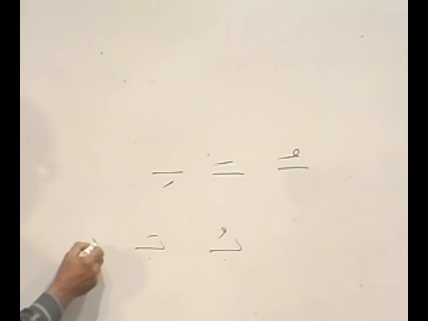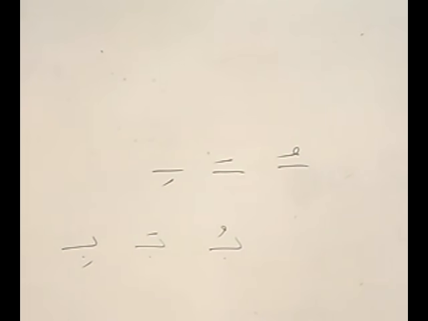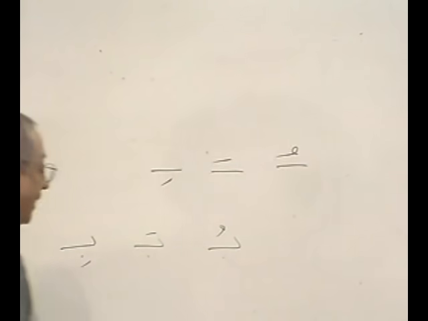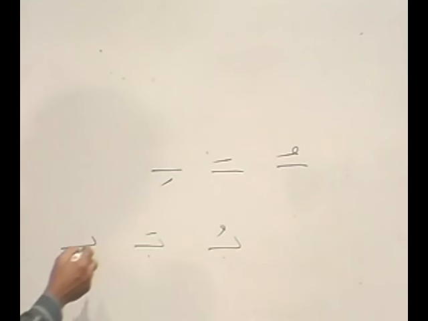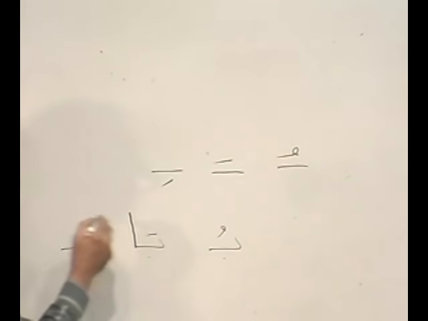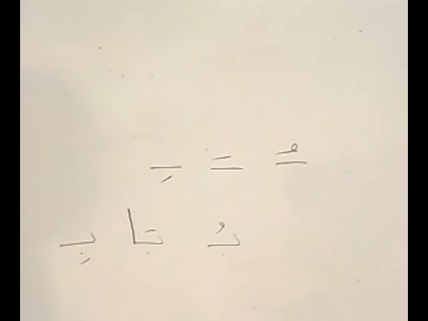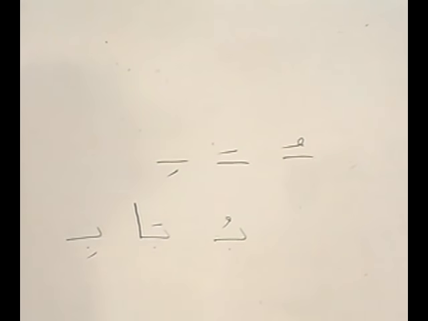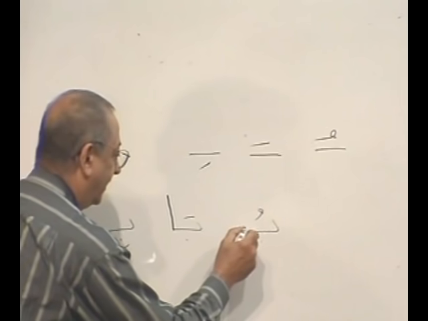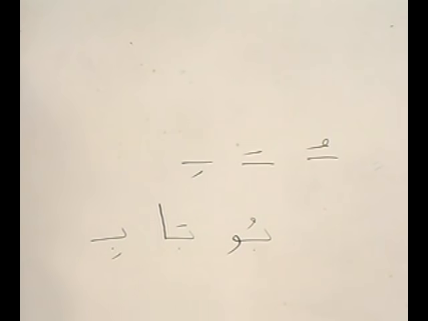And if I say this, then it is bi, short. Now in order to do elongation, I put here alif. Now you see, the job of alif is to elongate. Now this is ba. And then I put waw here, and it is bu. And if I put ya here, it is bi.